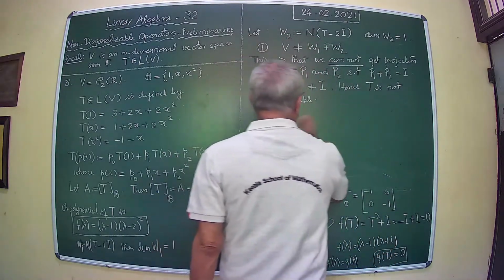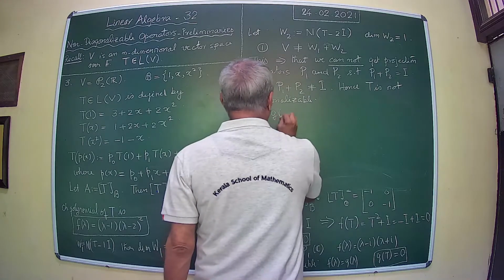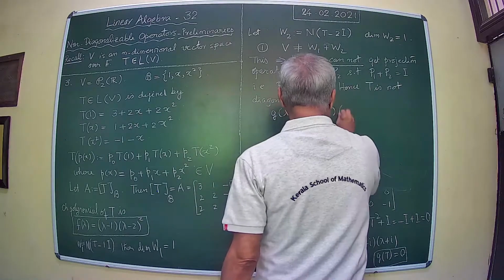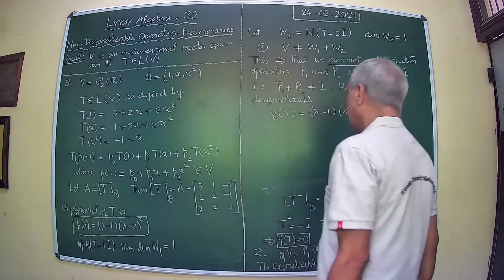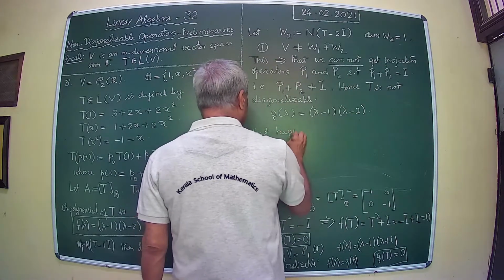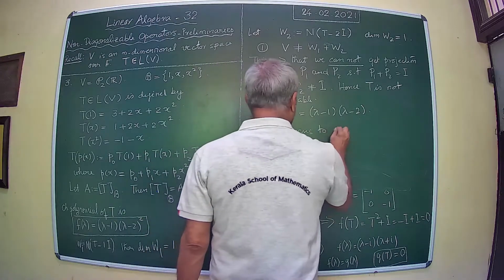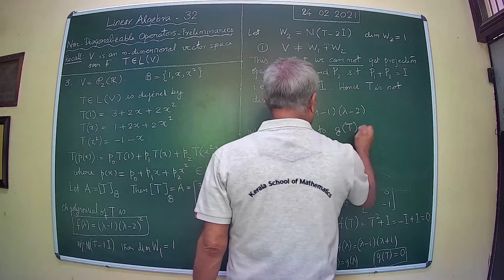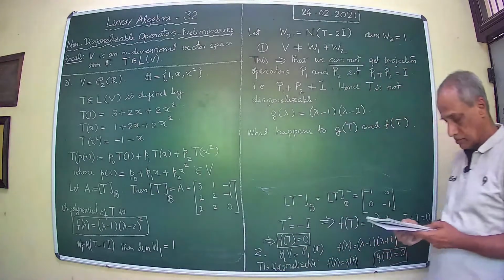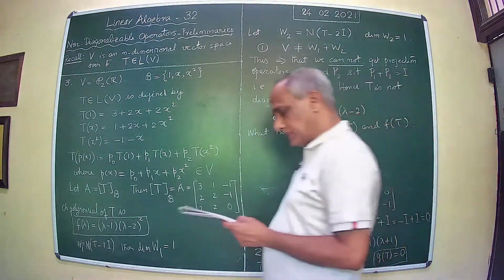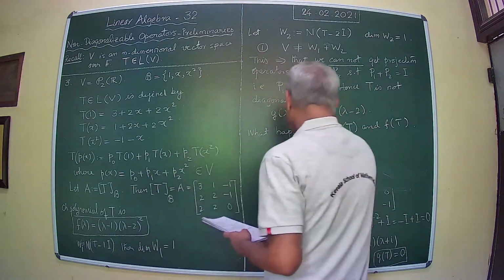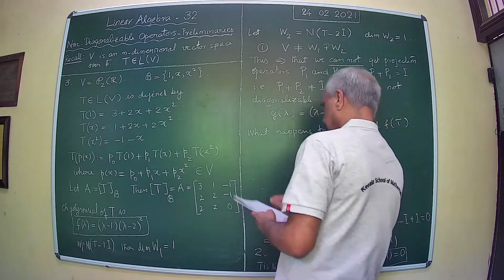By our definition of g, g(lambda) is in this case (lambda minus 1) times (lambda minus 2). Now we ask what happens to g(T). Let us go through this computation. One can see that we have the following computation.